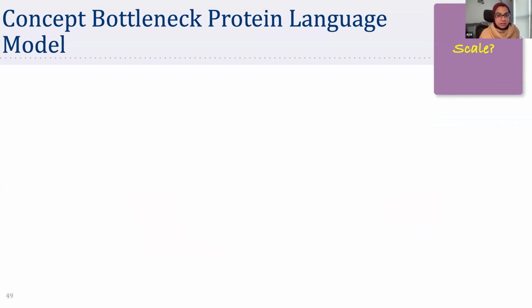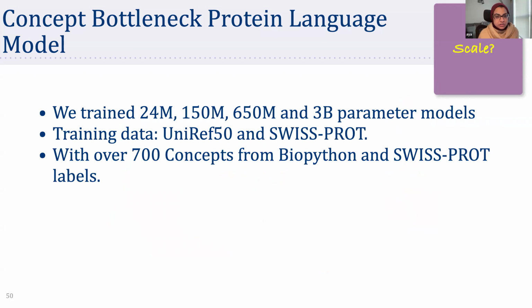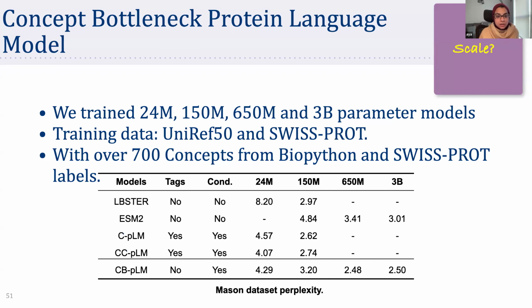Okay, so let's talk first about scale. Can you scale this model? We trained a 24 million parameter model, a 150 million parameter model, a 650 million, and a 3 billion. And we trained it on UniRef50 and Swiss-Prot with over 700 concepts, some of them are BioPython concepts and others are Swiss-Prot labels.